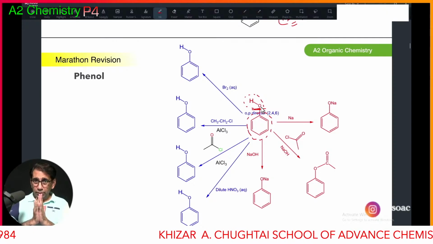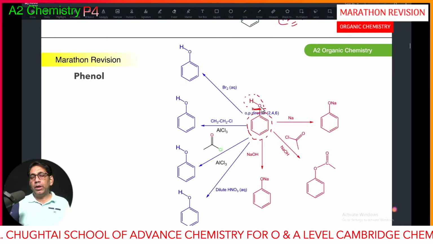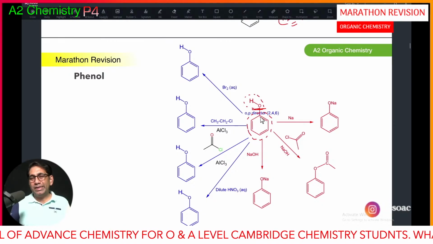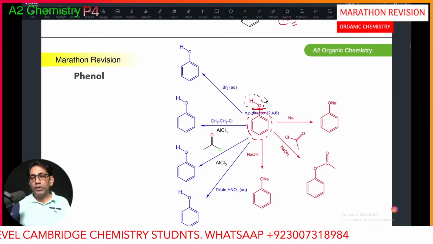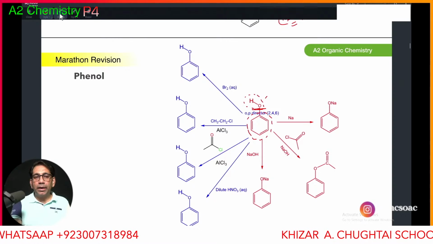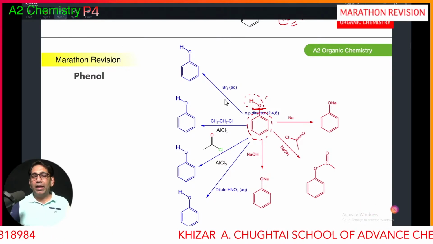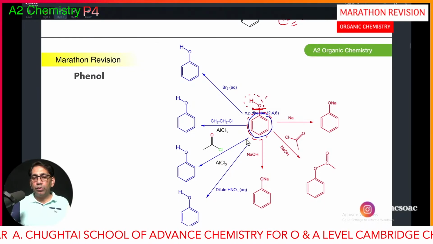So phenol is going to show basically two types of reaction with respect to its structure. These three reactions are because of the OH group, and the other reactions are basically due to the benzene ring.